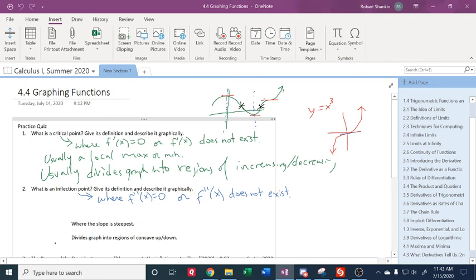F prime is the derivative of the original function. F primes are talking about the slopes of the original. F double prime is kind of talking about the slopes of the, well, why is it where the slopes are the steepest?